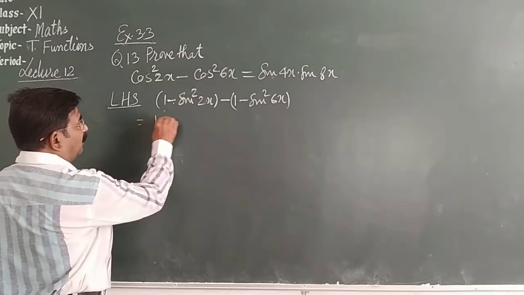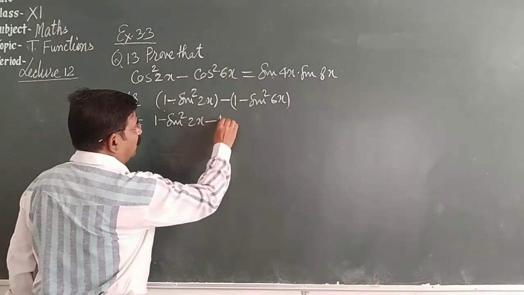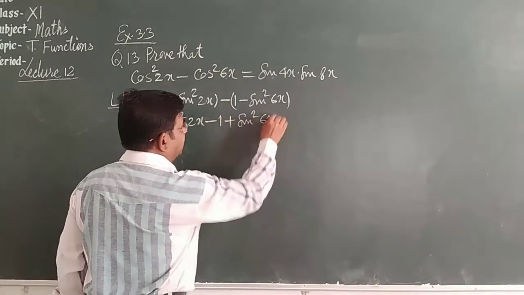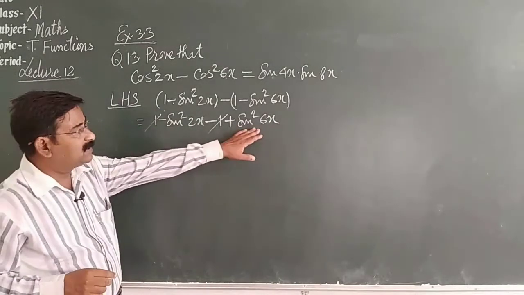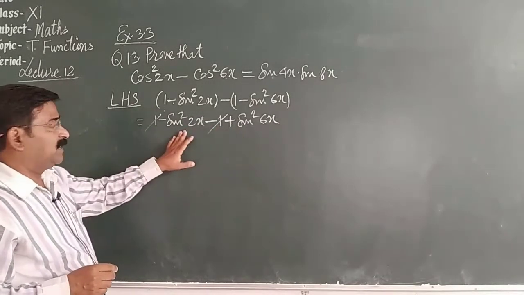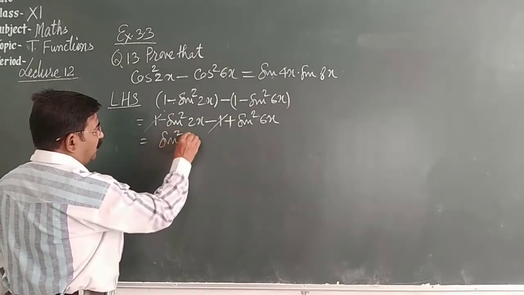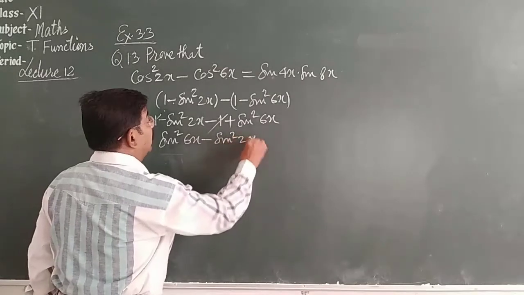What we have? 1 minus sin square 2x minus 1 plus sin square 6x. The minus 1 and plus 1 will go. What we have left? This is sin square 6x positive, sin square 2x negative. So we can write like this: sin square 6x minus sin square 2x.